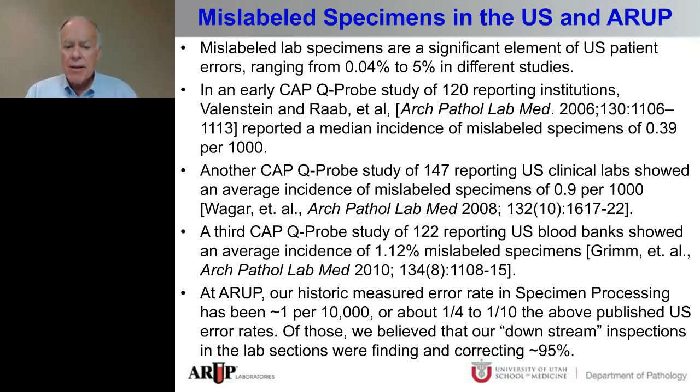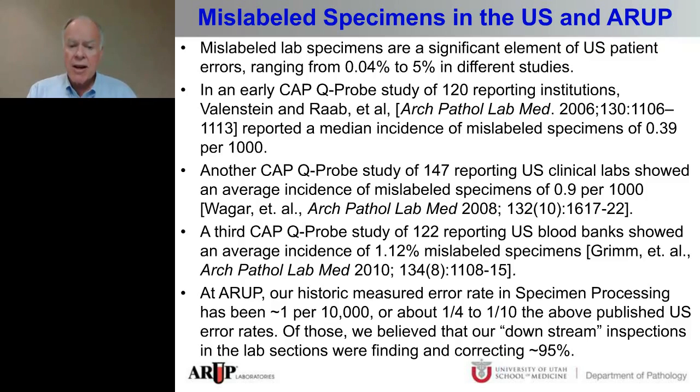Then a couple of years later, there was a publication of another CAP Q-probe study. 147 U.S. clinical labs participated voluntarily in this study, and the overall error rate was almost 1 per 1,000, 0.92, I think, per 1,000 specimens.